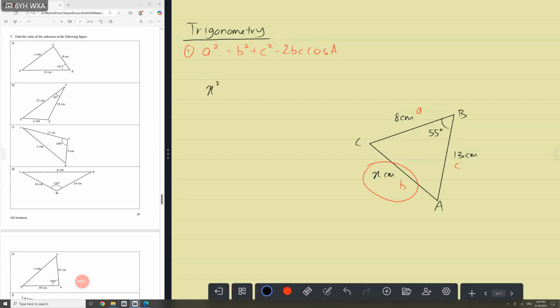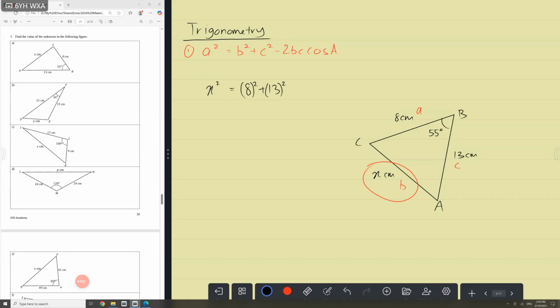So if we go back to our intention here, since x is the a, my next two lengths will be b and c according to this diagram, which is 8 squared plus 13 squared. Remember to put your brackets.